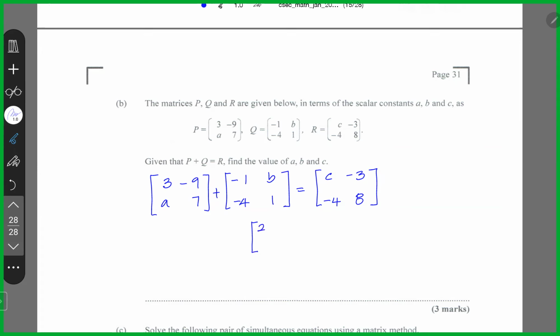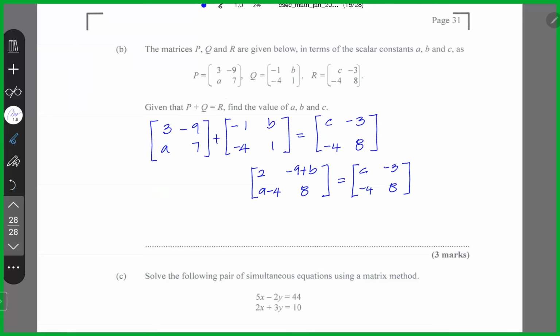So 2 is the top left element in the sum. Minus 9 plus B is minus 9 plus B. A plus minus 4 is A minus 4, because plus minus 4 is just minus 4. And 7 plus 1 is 8. And this is equal to C, minus 3, minus 4, 8.